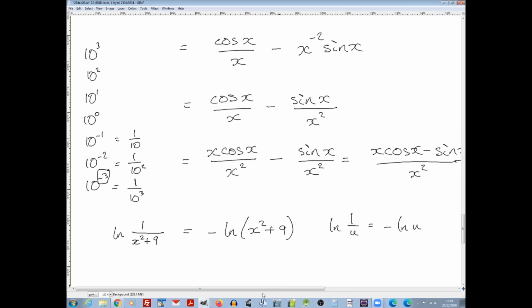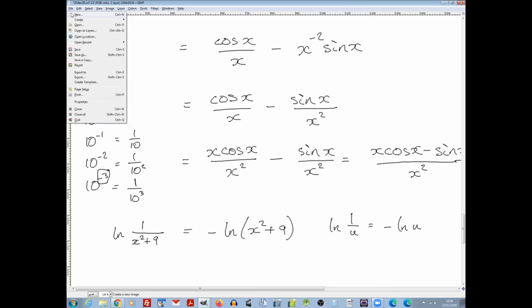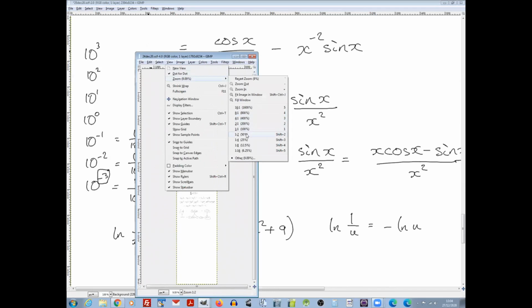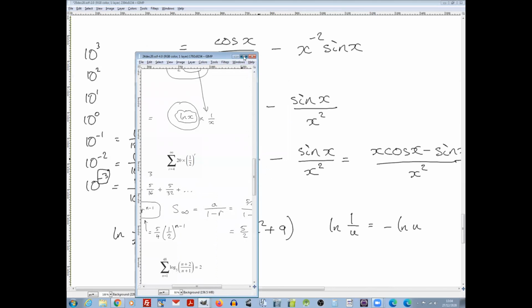Right, okay. It might be worth finding. It was recent. Let's find it. Well, let's see if it's on this one anyway. View 50%, say. Whoa.